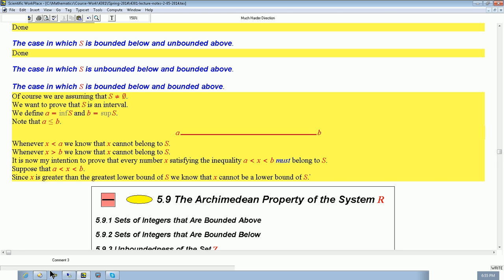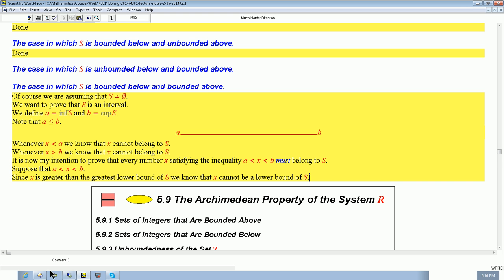This is one of the first things I did when we talked about lower and upper bounds: what does it mean for a number W to be an upper bound of a set, and what does it mean when a number fails to be an upper bound? It means there exists at least one member of the set that is bigger. That was the time to fix that, not today. You have to know those definitions.